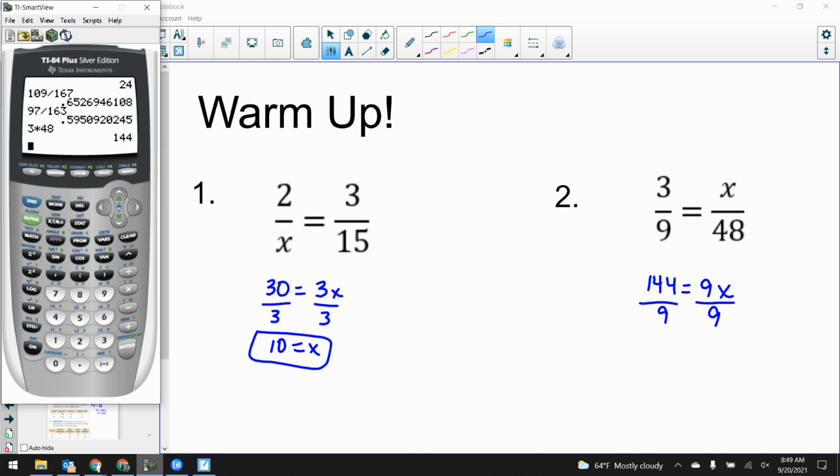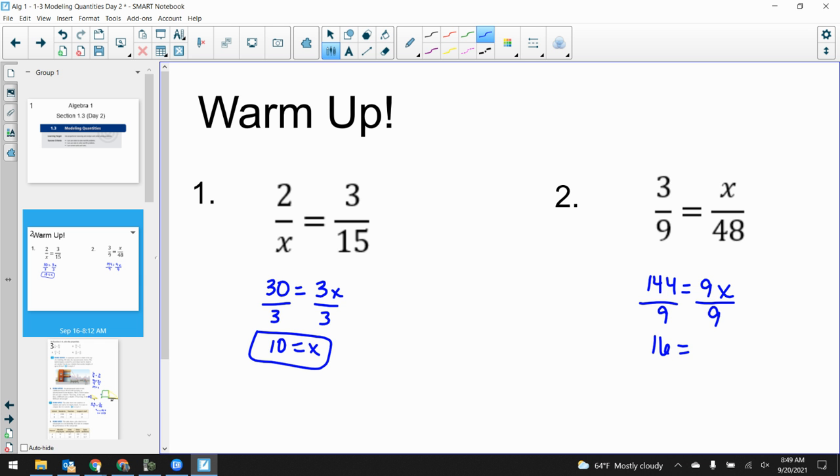We divide by 9 and we get 16. I really hope those are quick and easy problems because we'll do a lot of solving proportions throughout the year.